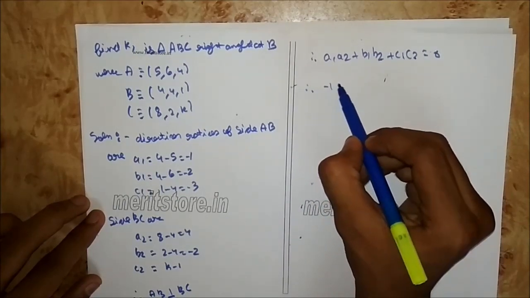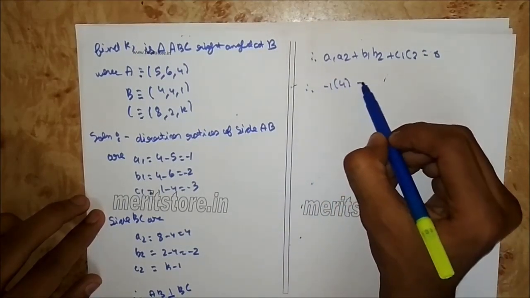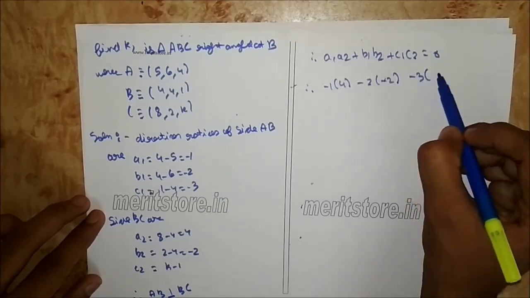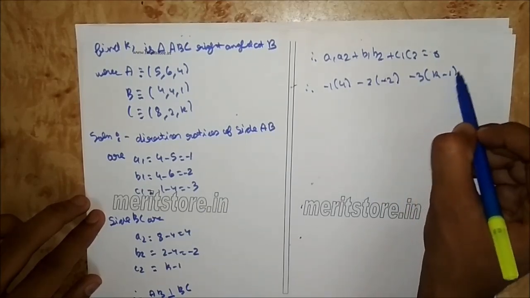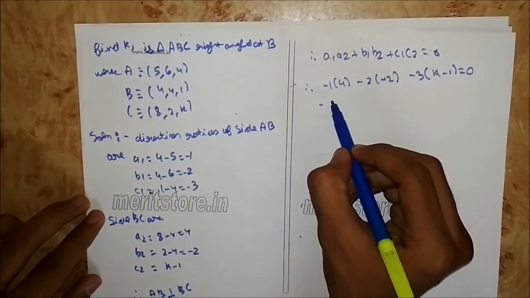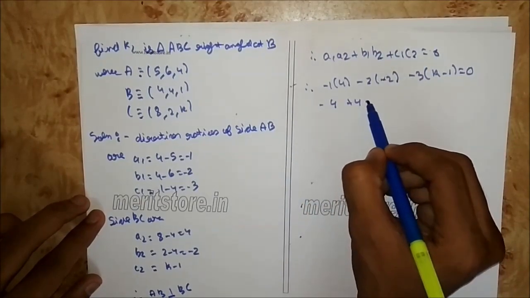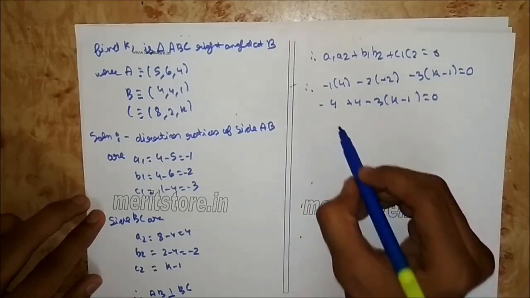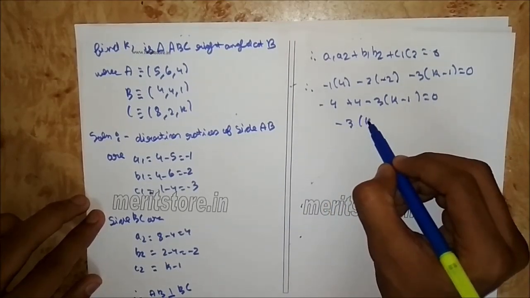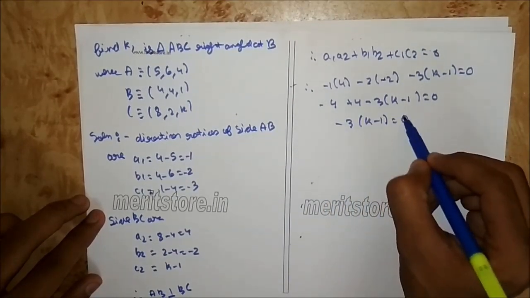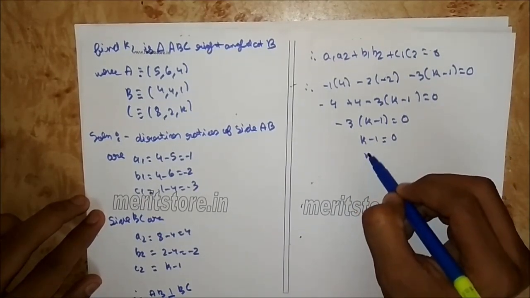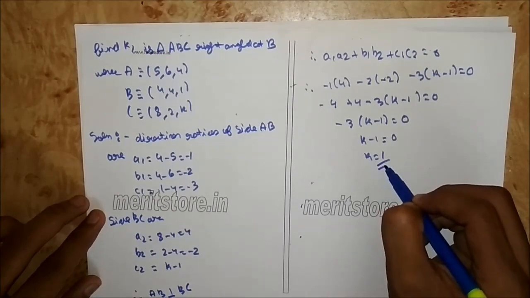Therefore minus 1 into 4 minus 2 into minus 2 minus 3 into bracket K minus 1 is equal to 0. So minus 4 plus 4 minus 3 into bracket K minus 1 is equal to 0. So minus 3 bracket K minus 1 is equal to 0. Therefore K minus 1 is equal to 0. Therefore K is equal to 1. Hence we have got the value of K.